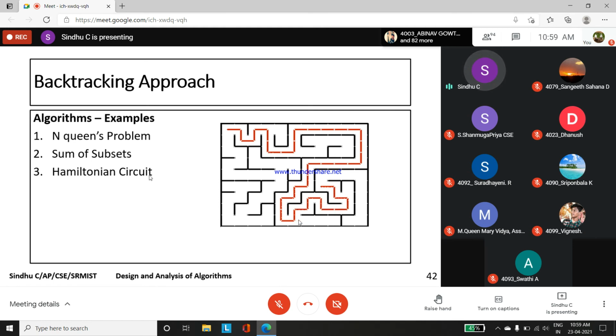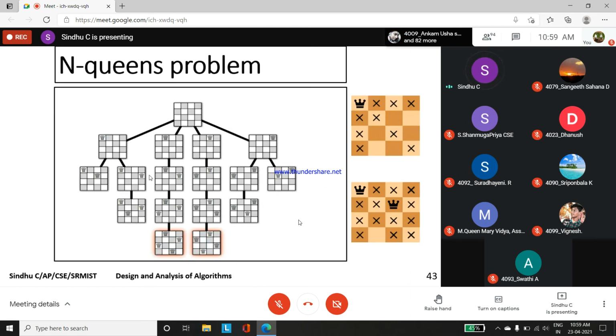Usually we don't use the backtracking approach for optimization problems, right? Here I am discussing the n-Queens problem. In the n-Queens problem, you have an n cross n chessboard, and you have to place n number of queens on this chessboard.